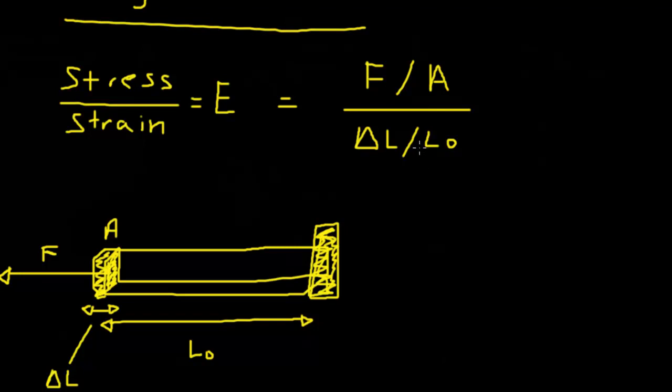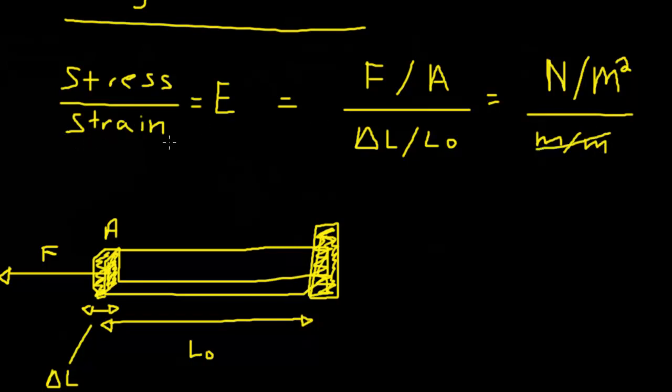Now, the units for force, area, and length: for metric, which I'm going to be dealing with right now, force is in newtons, and area is in meters squared, so stress is newtons per meter squared. Strain is meters divided by meters, which cancels out, so strain is unitless.